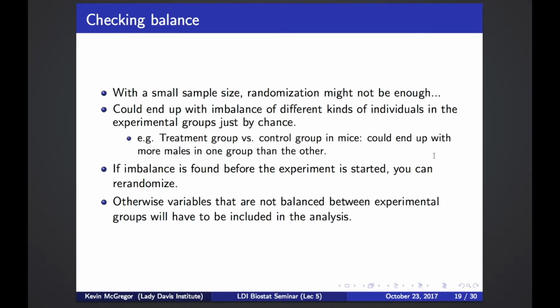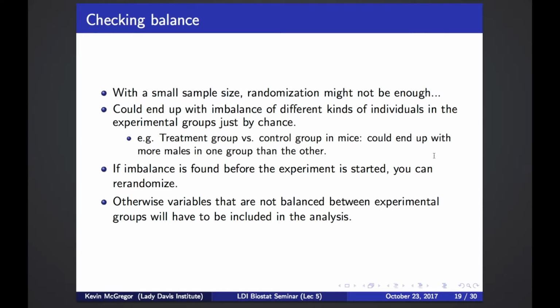For example, if you have a treatment group and a control group, and you're looking at some clinical measure in mice, you could, just by chance, have ended up with a lot more male mice in one group than the other. Even though nothing actually caused that imbalance, it will still introduce bias into your results.